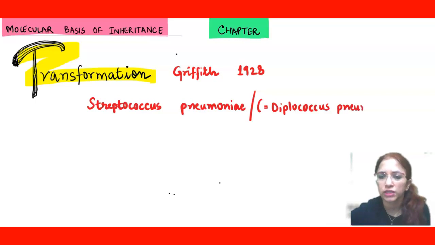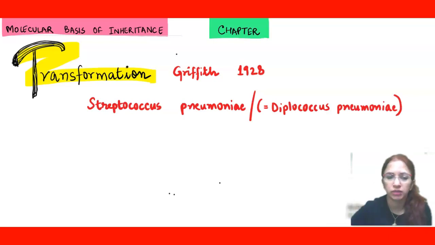Now the species name here, pneumonia, itself must be clearing you up that this would be the microbe that would be causing the pneumonia disease, right? So here the word coccus is there. I hope it is clearer to you, because whenever a bacterium is spherical in shape, we use the suffix coccus.